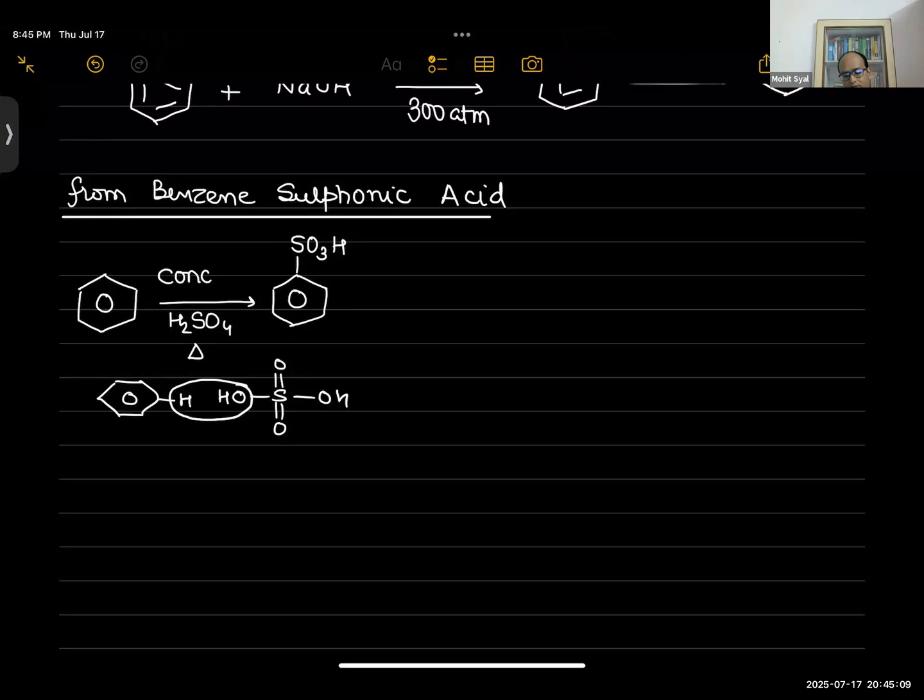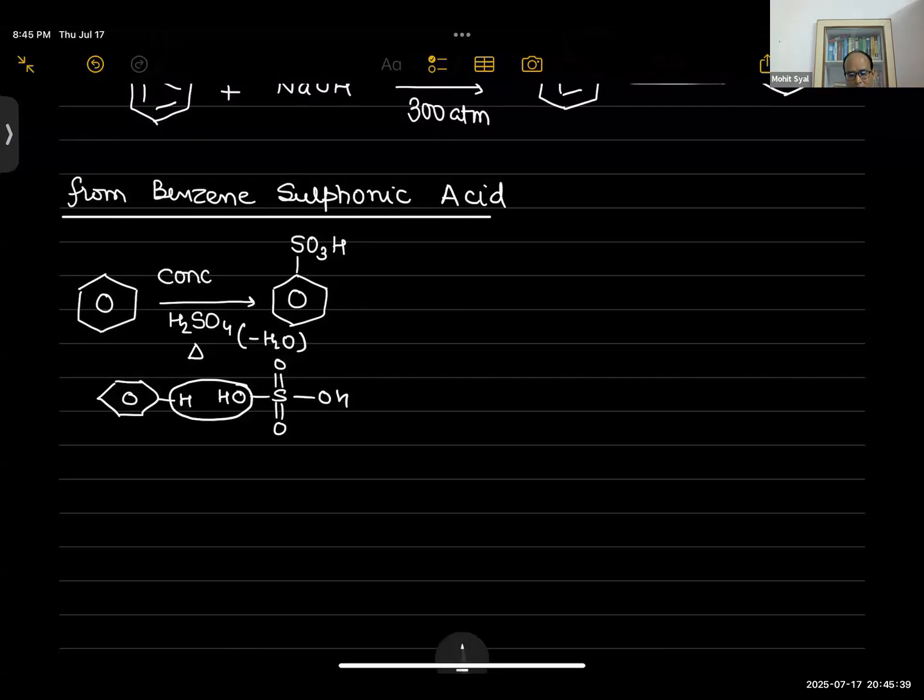Remove water. Is it clear or not? This is benzene sulfonic acid.